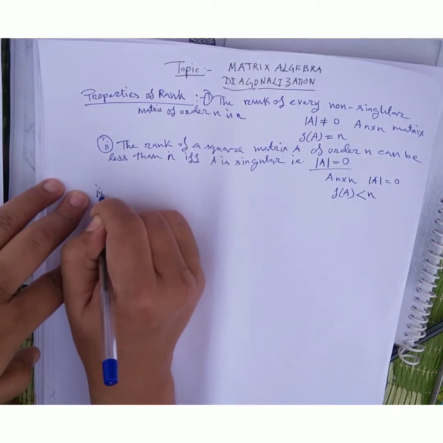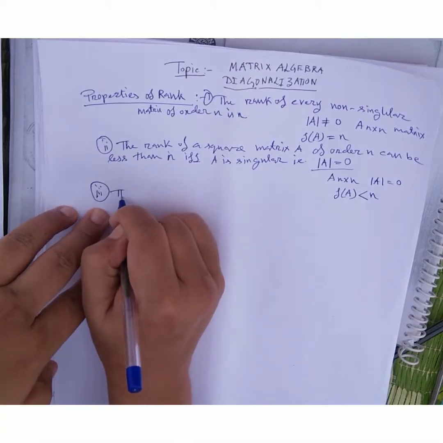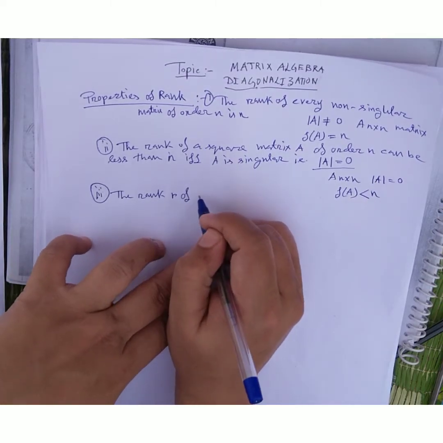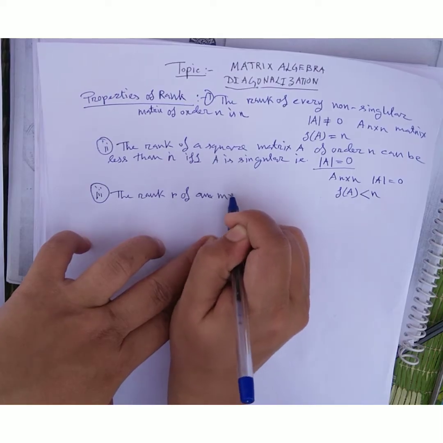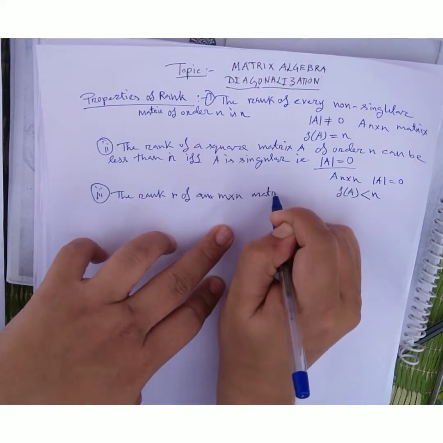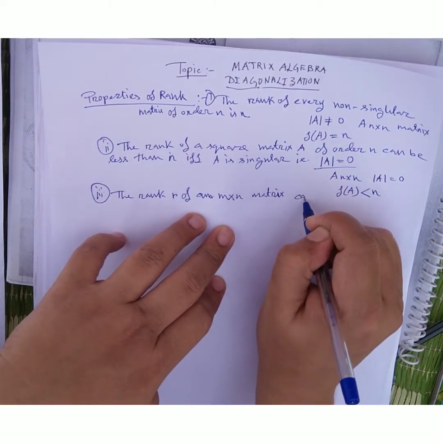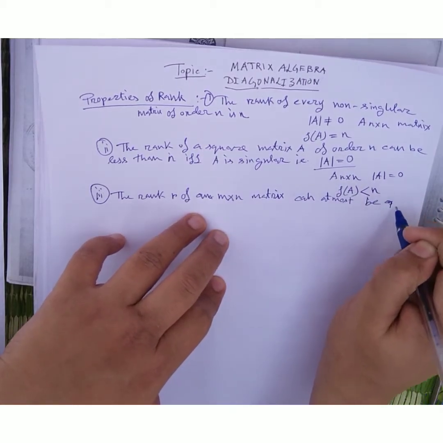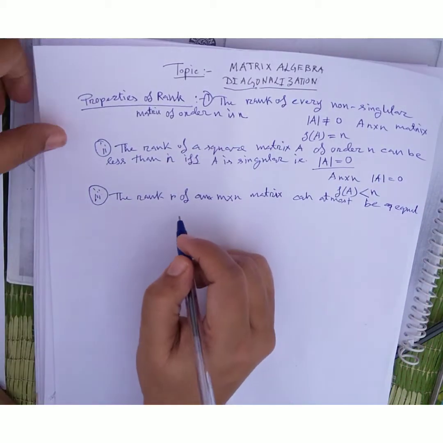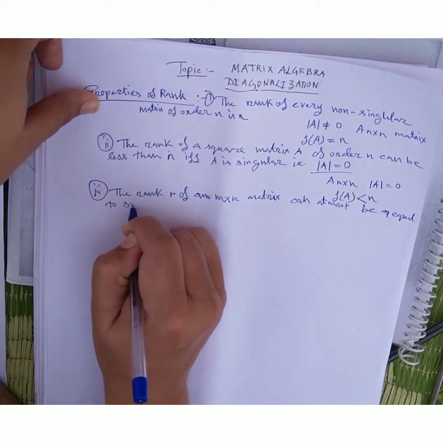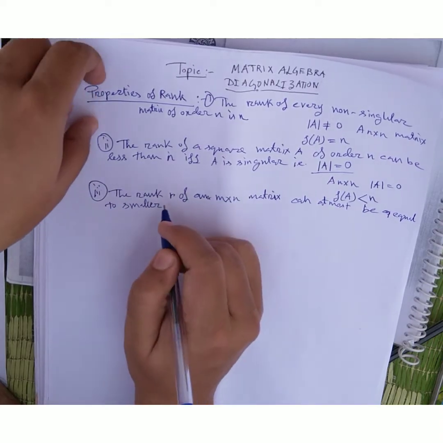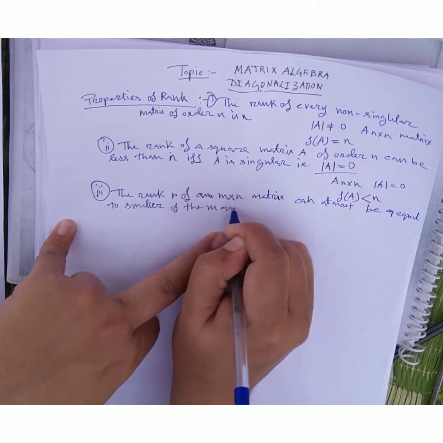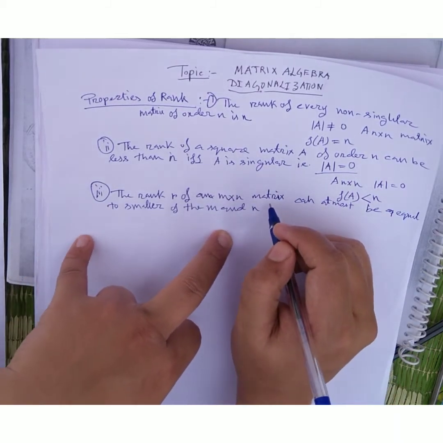Number 3: the rank R of an m cross n matrix can be at most equal to the smaller of the numbers m and n, but it may be less.